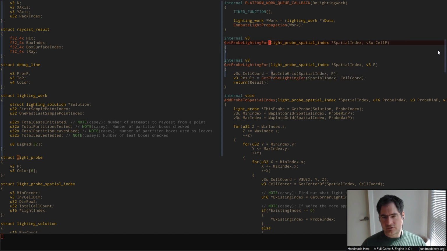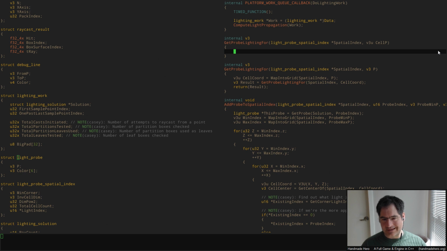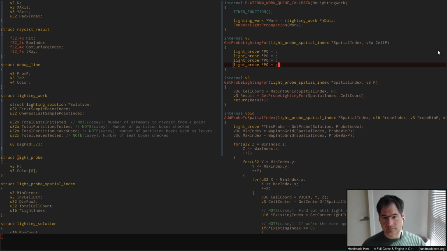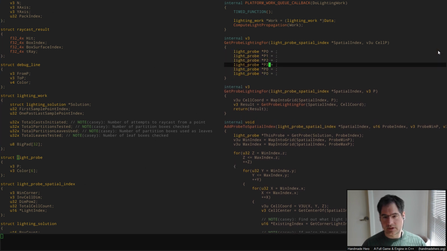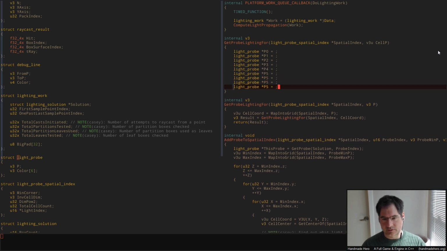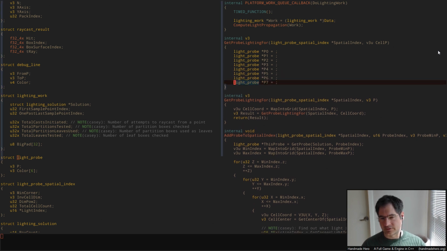And then when we do this operation, from the cell position, we need to be able to get effectively each of the 8 surrounding probe values, and we are going to blend between those, right? So what we want is 8 probes. And when I said 8, of course, I mean 0 through 7, right?